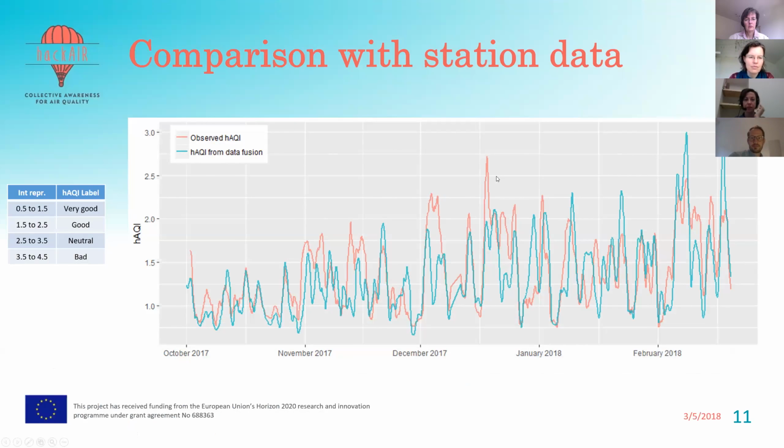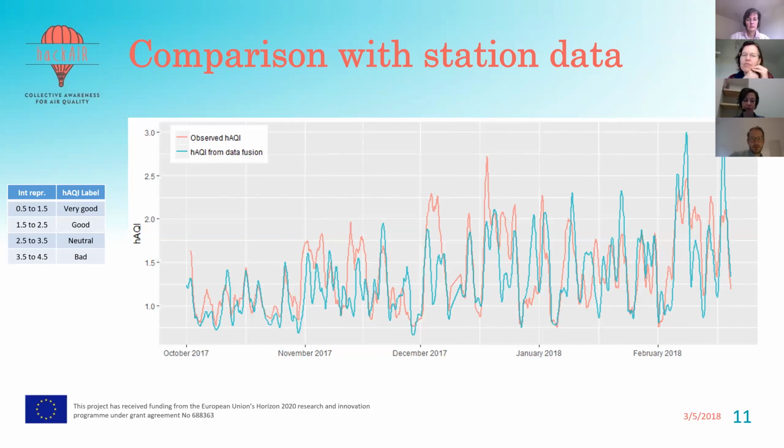If we compare with station data, we did this here for Oslo just to see how close we get to the official measurements. And what you see here in red is the averaged hackAIR air quality index over the sites here in Oslo, and in blue, the estimate from the data fusion index.